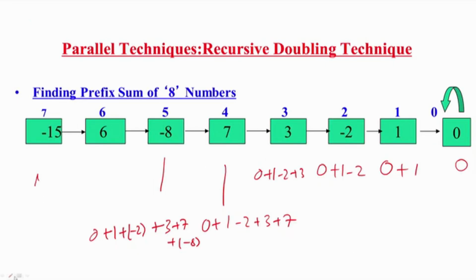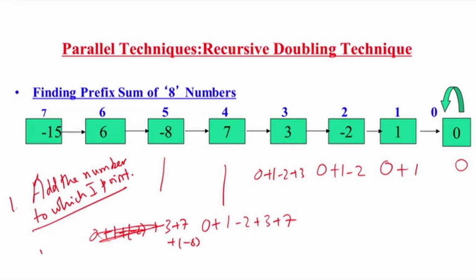At every step, I add the number to which I point, and then I point to the pointer of the pointer.